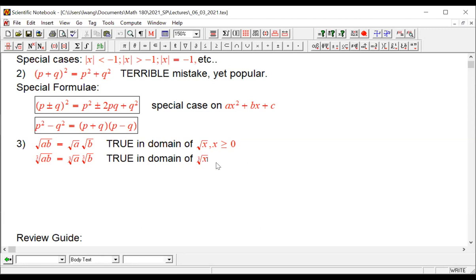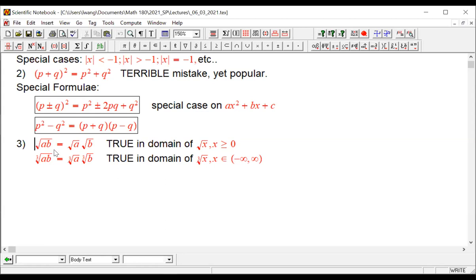So these are the connections we're making. What's the domain of a root 3 function? All real numbers. That's right. Wonderful. All real numbers. Very good.